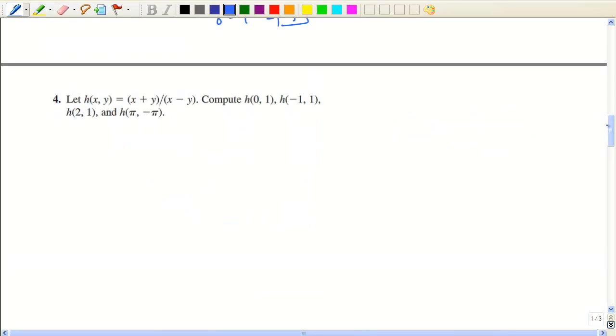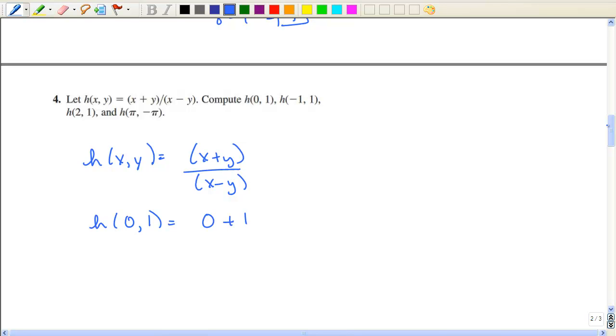All right, this time we have h of xy is defined by x plus y divided by x minus y. So if I wanted to evaluate it at h of 0, 1, x is going to be 0, y is 1. Again, just plugging in numbers. But what is this h of pi and negative pi?